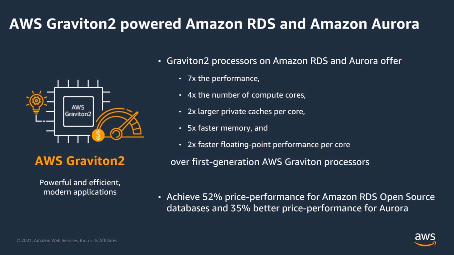Additionally, AWS Graviton2 processors feature always-on fully encrypted DDR memory and 50% faster per core encryption performance. These performance improvements make Graviton2 R6G database instances a great choice for database workloads.